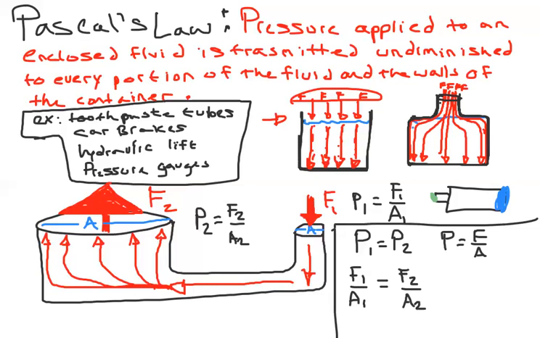I don't have to apply a force here; I can apply a force here. Why? Because the force that I apply at the back of the tube is felt all the way through the toothpaste tube, and so toothpaste will come out. I don't have to apply force right at the nozzle.